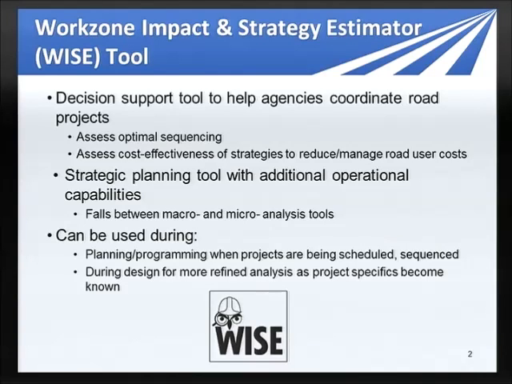Projects get on the plan a while back, and there could be any number of projects on there. And how do we know which projects to do in what order, which projects maybe we can do at the same time, and which ones we should intentionally avoid doing at the same time if we want to have good operations on our system, if we don't want to put too much stress on a particular area of our transportation network.